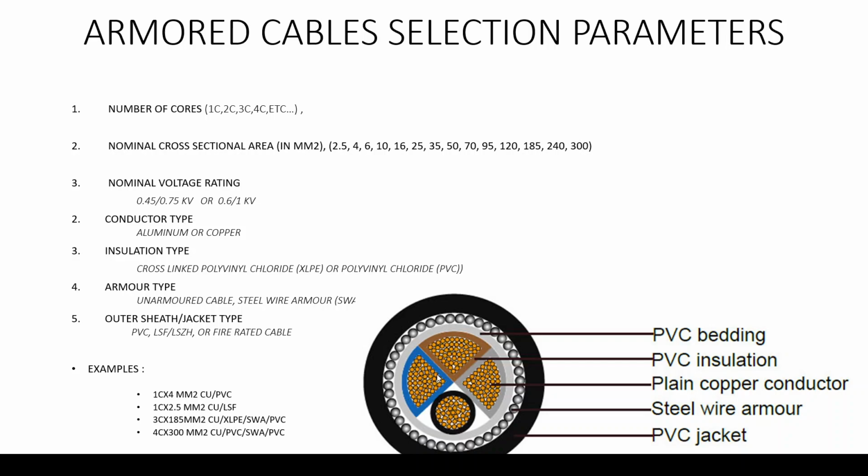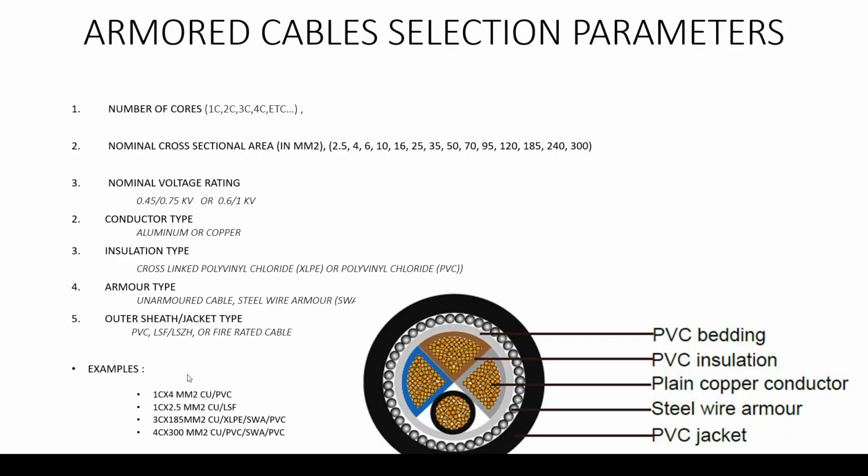Each conductor has its own separate insulation, as we mentioned in the previous slide. Then the cable is either unarmored, steel wire armored, or steel tape armored. So you need to specify the armor type when selecting a cable. Then the outer sheath, as we explained in full detail.